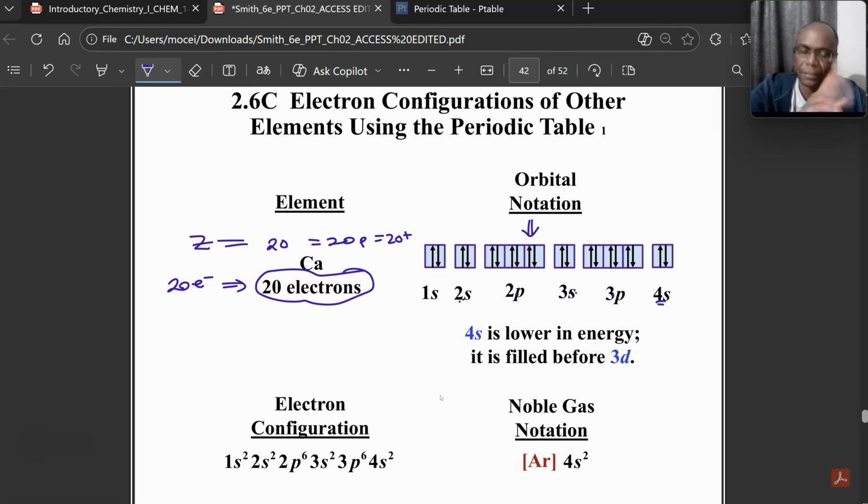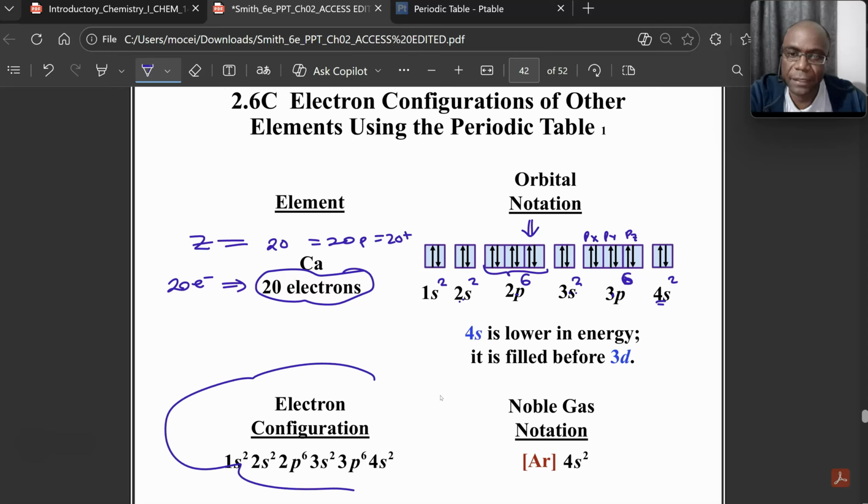I explained that. So s will get 2, p maximum is 6 because you have px, py, pz. S is 2, p maximum is 6 because again you have px, py, pz in the 3p, and then 4s maximum is 2. That is the electronic configuration which is written here.